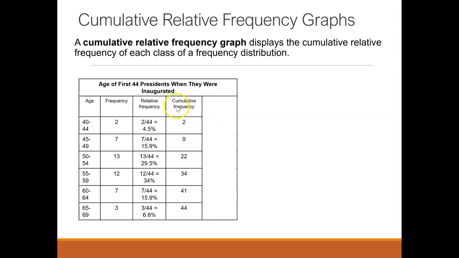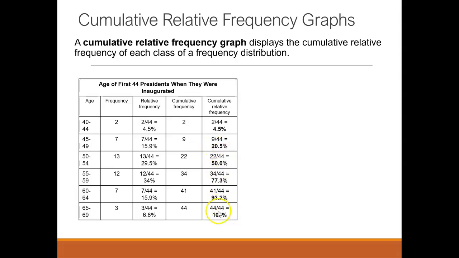Now, if I calculate a cumulative relative frequency, I'm taking the percent. So 2 out of 44, that's still the same, but 9 out of 44, it's going to be different. In fact, 15.9 plus 4.5 gave me the 20.5. There's some rounding going on there. If you're like, those two don't add up, it was rounding.